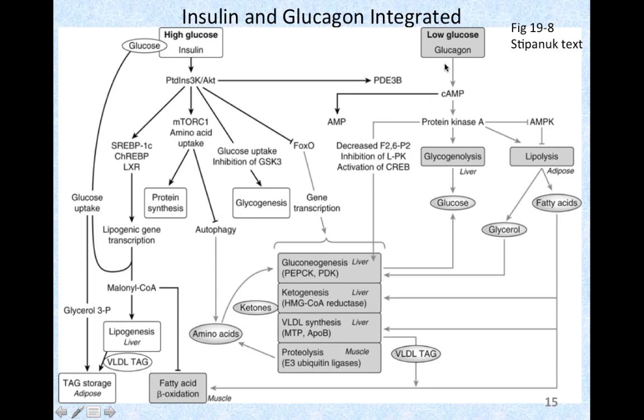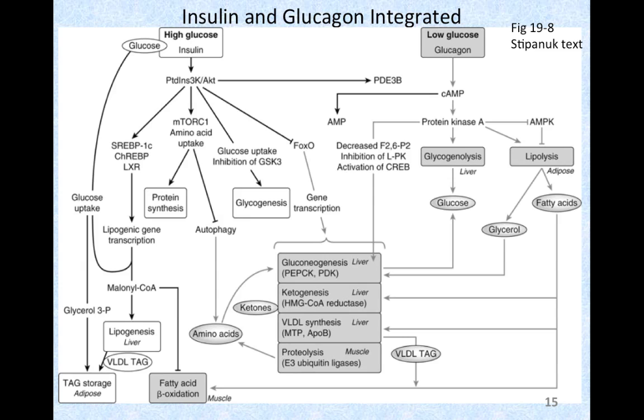So the protein kinase A, once it's activated from glucagon signaling, is stimulating gluconeogenesis, causing ketogenesis, causing VLDL synthesis, and MTP is microsomal triglyceride transfer protein, something like that, and ApoB, so stimulating VLDL synthesis. It's also stimulating proteolysis, and the proteolysis is providing amino acids that are used for gluconeogenesis in the liver.